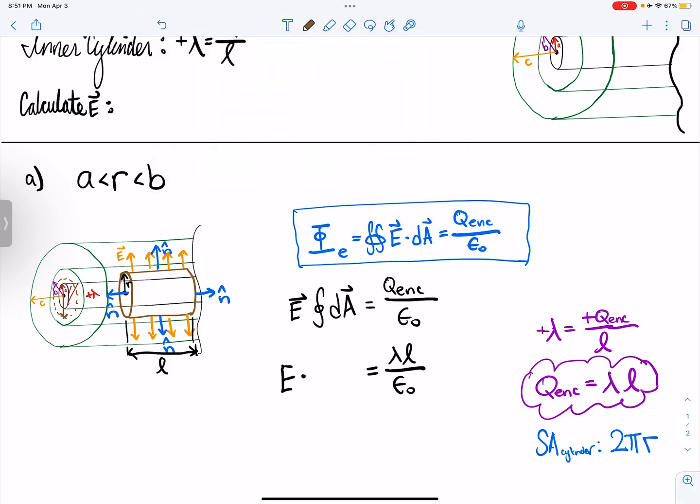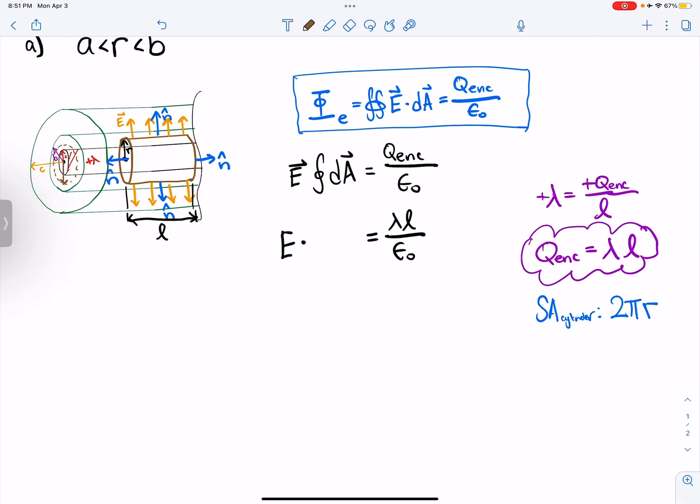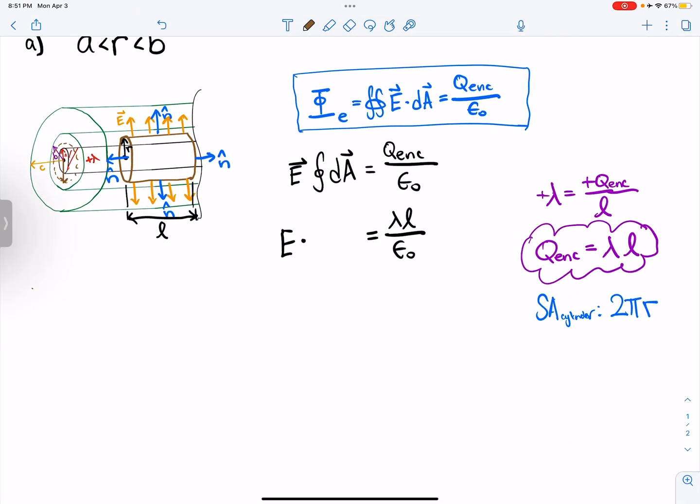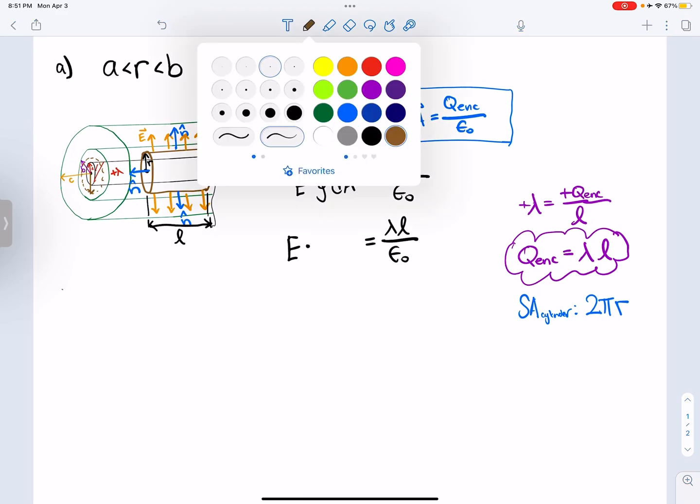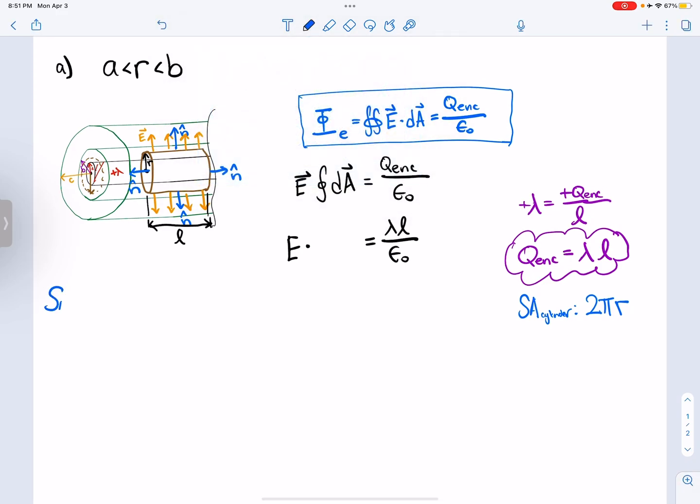I'm going to give you guys the surface area formula for a cylinder. So the surface area for a cylinder is equal to 2 pi r squared, and that pi r squared right here is for the flat surfaces.